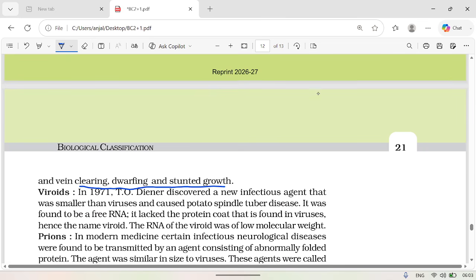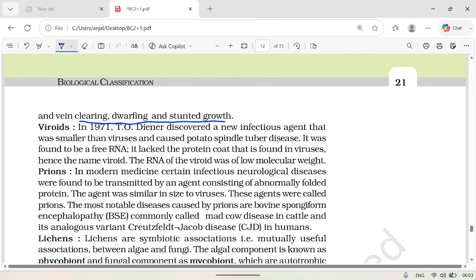And now coming to viroids. In 1971, Theodor Diener discovered a new infectious agent that was smaller than viruses. See, viroids are smaller than viruses and cause potato spindle tuber disease. It was found to be free RNA.